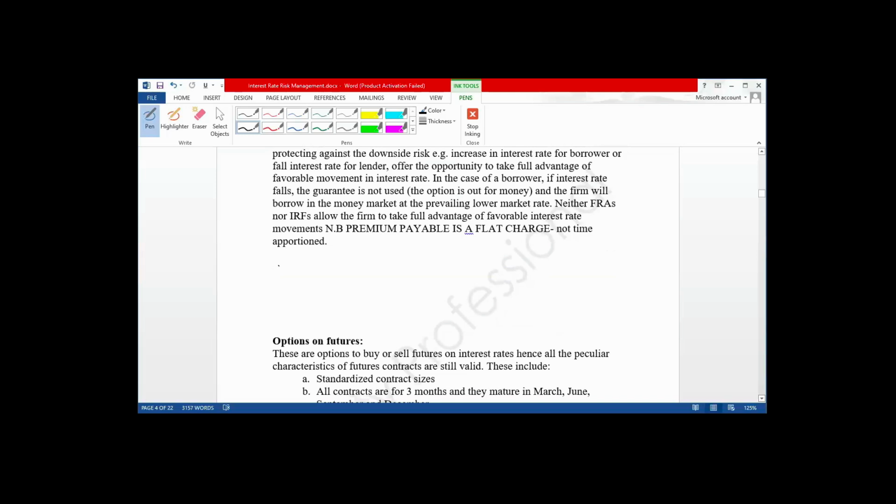Let us illustrate briefly how interest rate guarantees work.